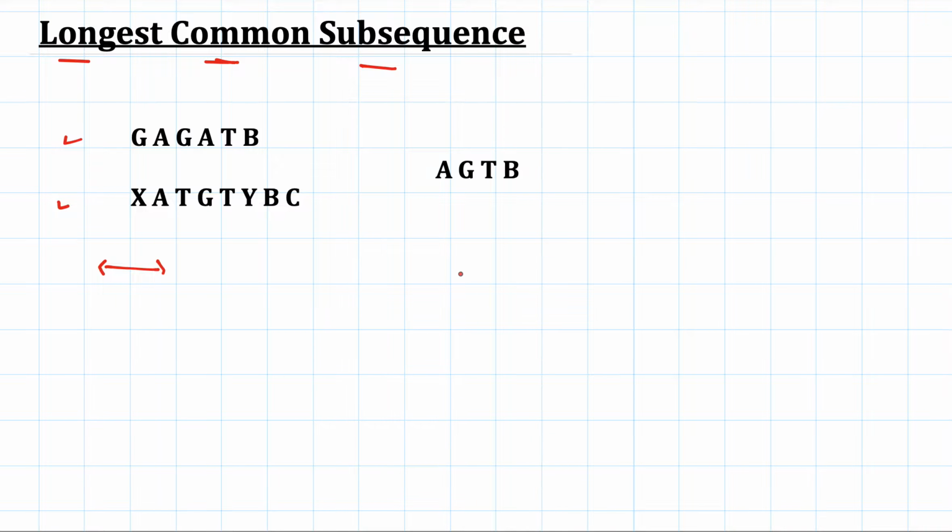And subsequence of a string means if we have a string A, B, C, D, E, and we pick randomly some of these characters like BC, then BC is a subsequence of A, B, C, D, E. If we pick B, D, and E, this is also a subsequence. We see that their relative ordering is the same.